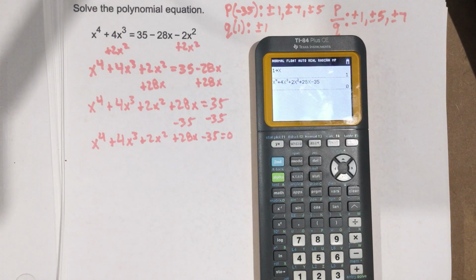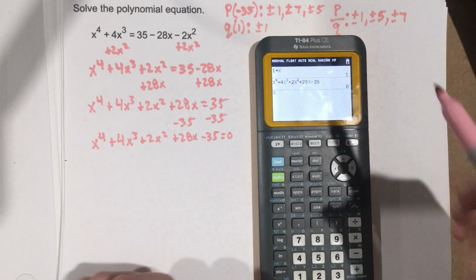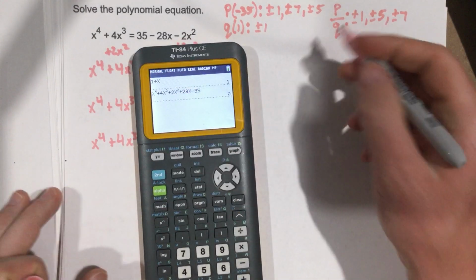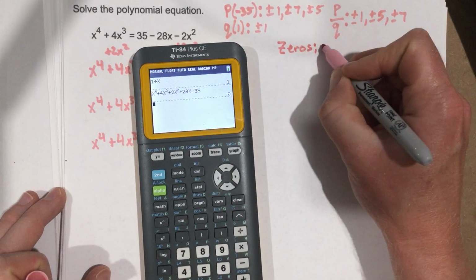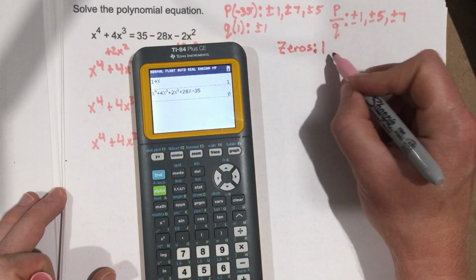Hit enter. I got 0. So 1, holy smokes, positive 1 is one of our zeros. So I'm just going to write out zeros right here. 1 is one of them.